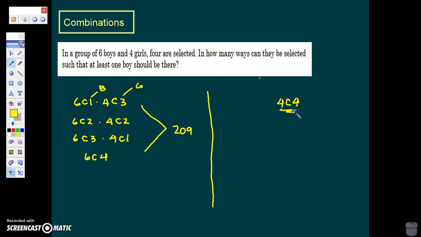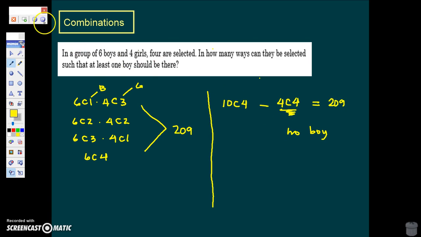So this is the number of ways that there's no boy selected. And we can subtract this from the total number of ways that we can select the 4 out of the 10. So it's 10C4 minus 4C4. It's another way of looking at it. Now again, help me out with your calculator. So 10C4 minus 4C4. Of course, we get the same answer as 209.